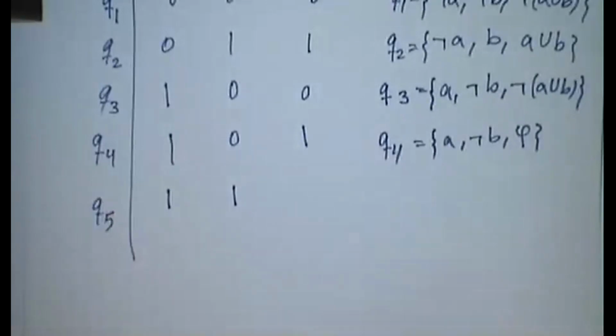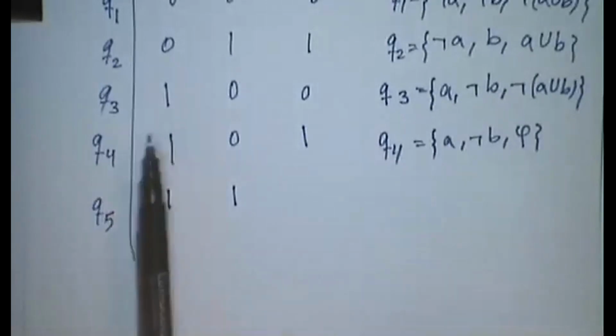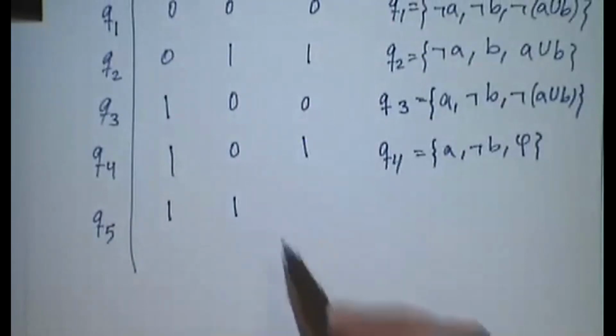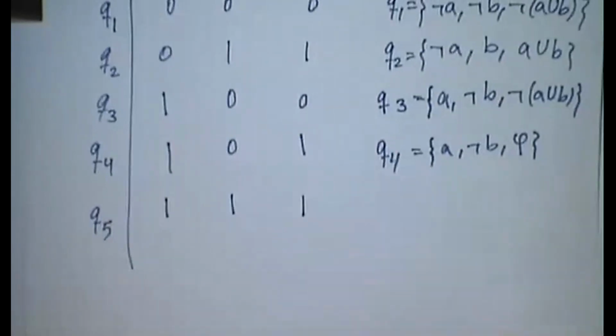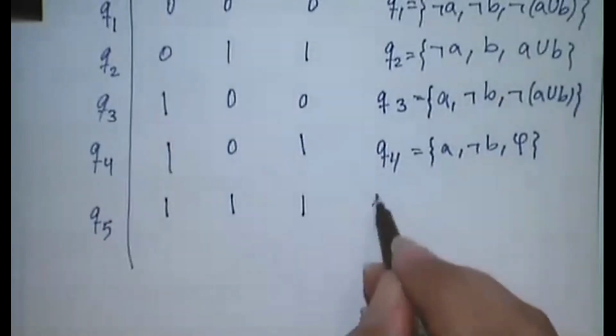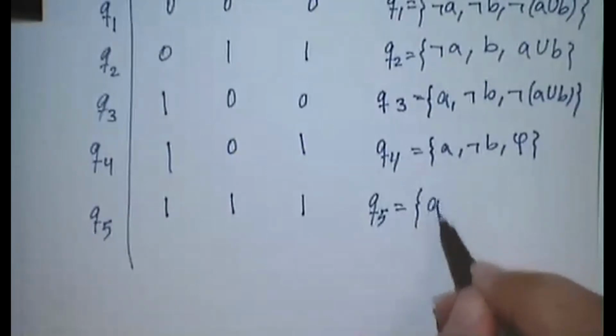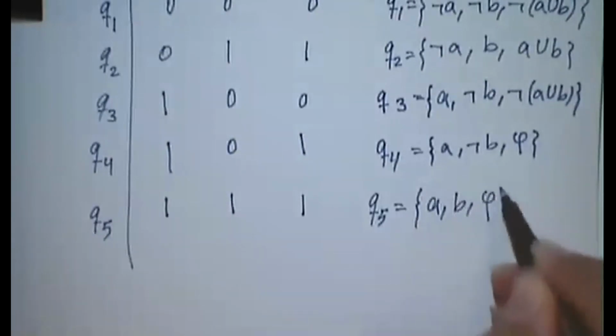Can I have a string that satisfies A, B, and also A until B? Yes. Can I have a string that satisfies A, satisfies B, but does not satisfy A until B? No, because in the very first letter, I have B. So A until B is always satisfied. So here I don't have a choice and I have to put 1. So my state Q5 is just A, B, and phi, which is A until B.